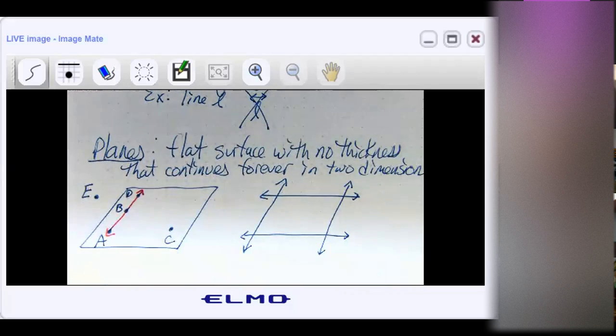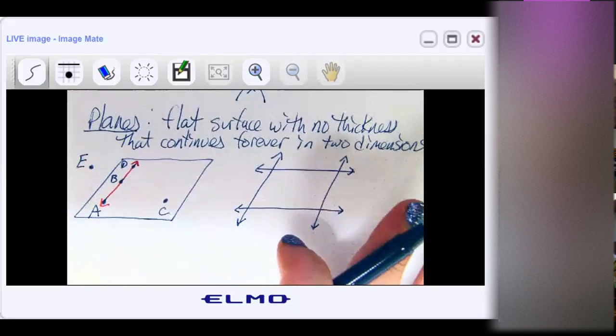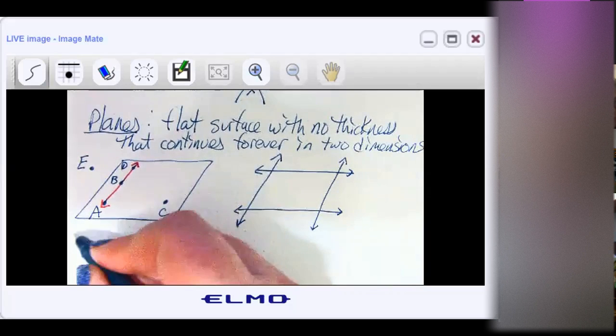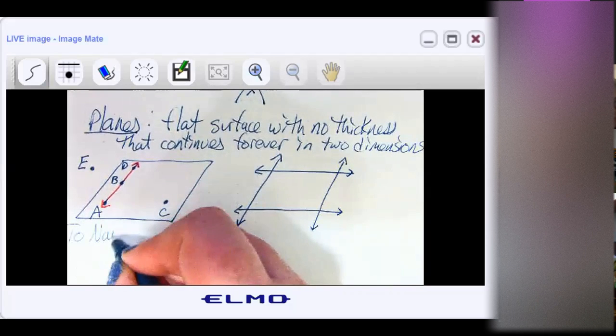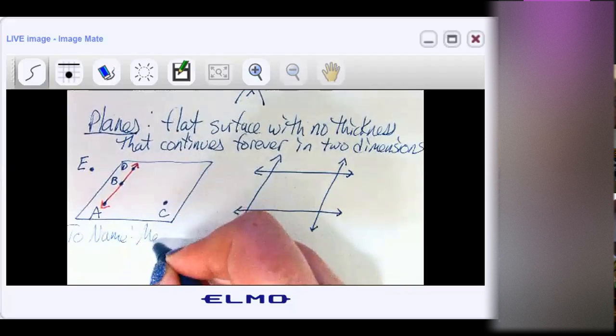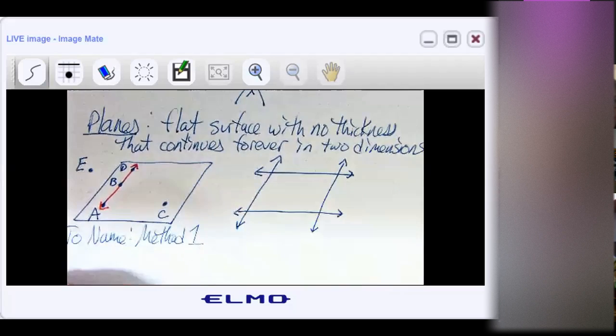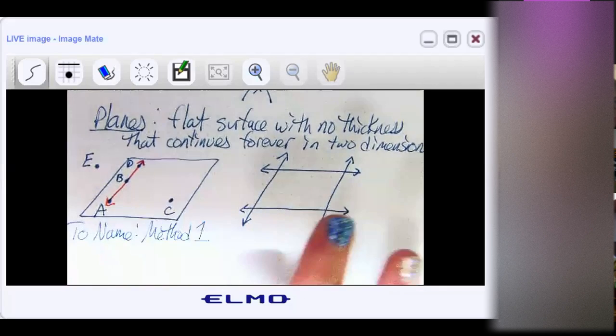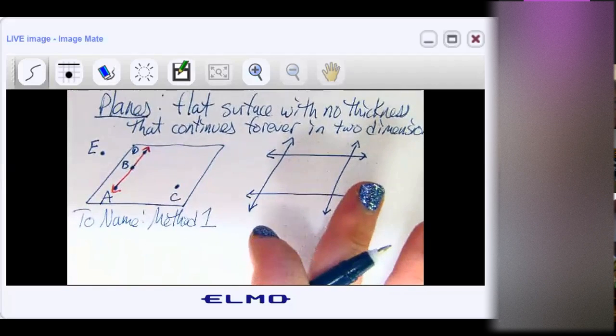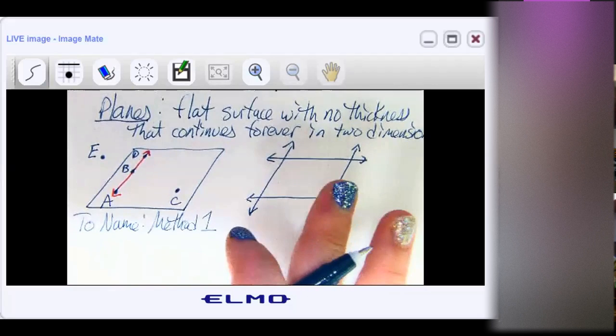Now, how do you name these things? Well, there are 2 methods again. So let me go through method 1. And again, method 1 is going to be your more standard way that you usually see it. So I'll do that first. But they're interchangeable.